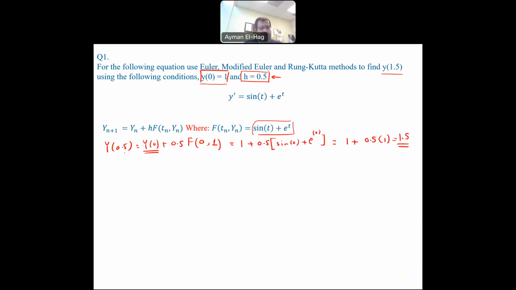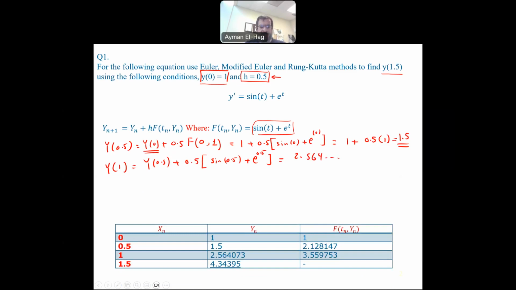Then we go for y1, which is equal to y of 0.5, the previous value that we just calculated, plus 0.5 times sine at 0.5, because this is now your new t, plus e to the power of 0.5, and this will give me 2.564, and so on and so forth. Here is the total answer.